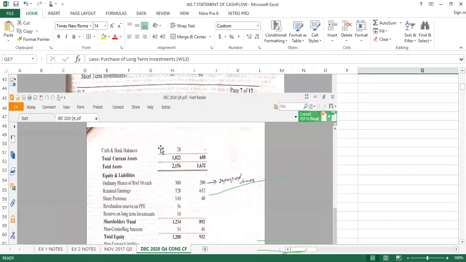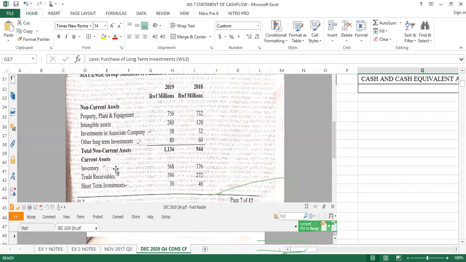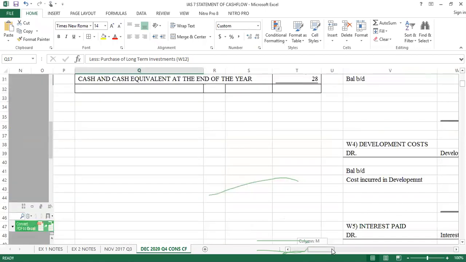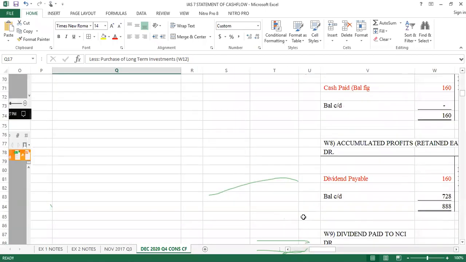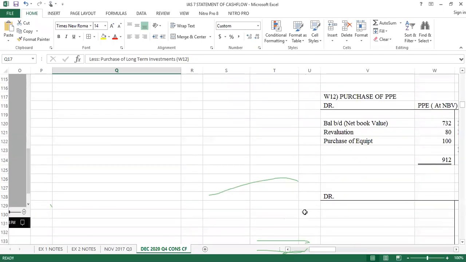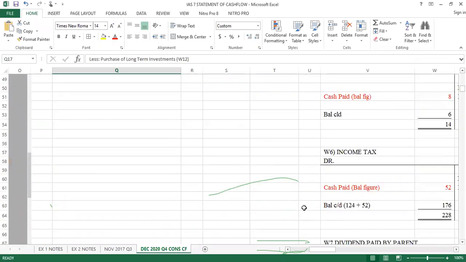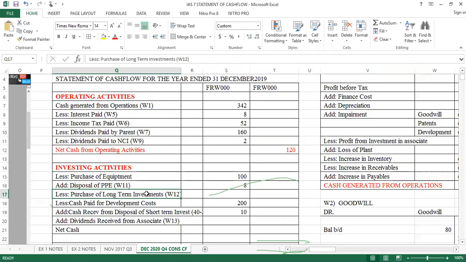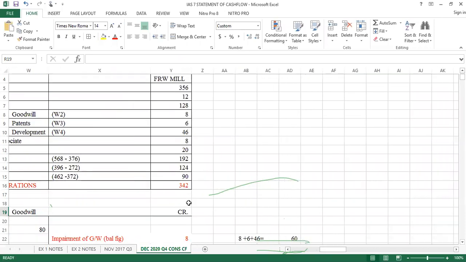Do you see long-term investment somewhere? You know, I'm confusing this with another question. So yes, there is long-term investment. You can see it here, 60 to 80, which means there was some movement that took place. So I must work on that. It will be working 13, if I'm not wrong, because I've already done 12 something else. Working 13, purchase of long-term investments.